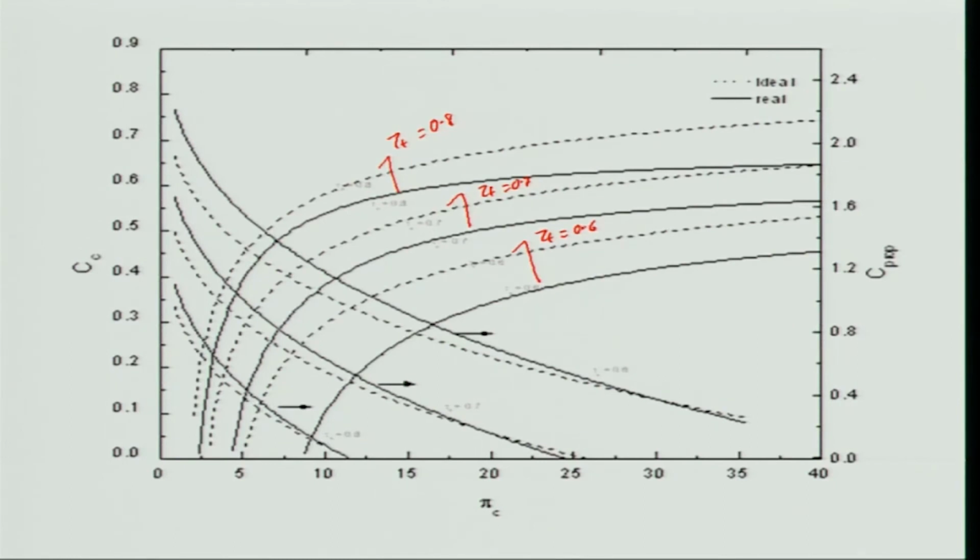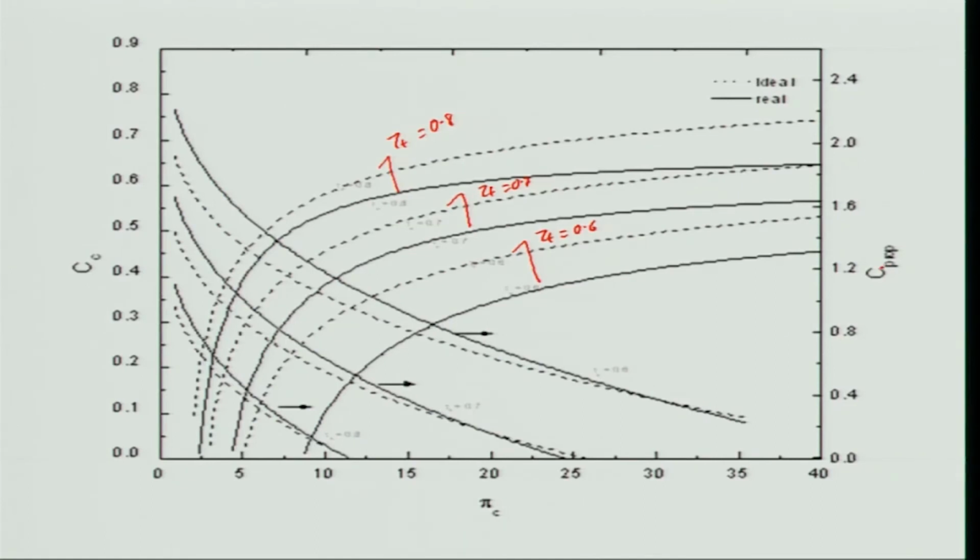So, you will expect the work output coefficient to be lower in the case of a real cycle, right, for a particular pressure ratio and a particular turbine temperature ratio.